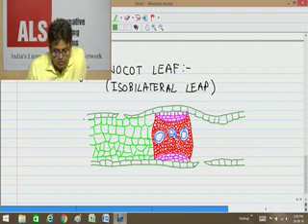The rest of the space also we will fill it like this. Like this.